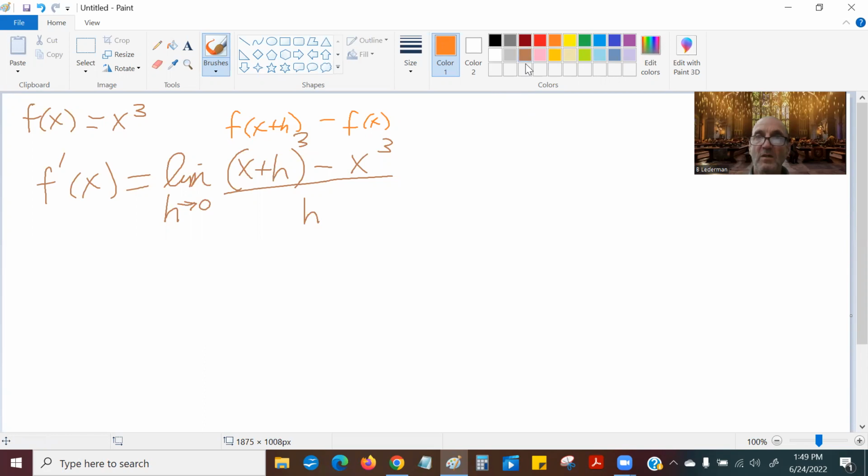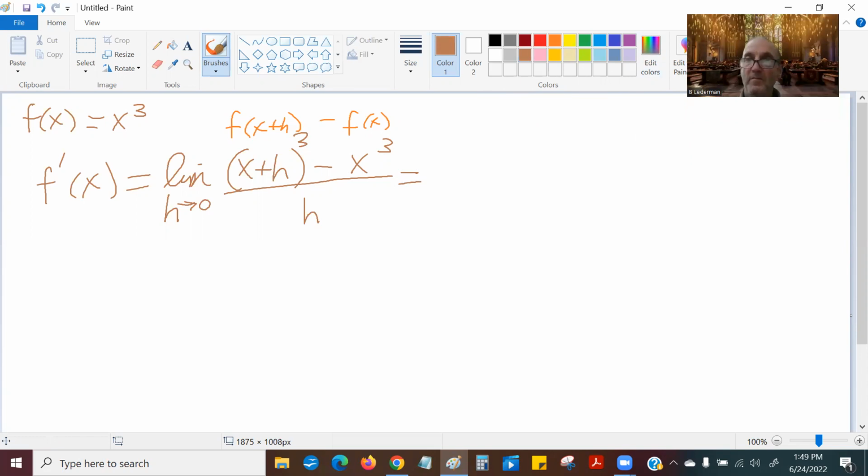Now this is equal to the limit as h goes to 0 of, I have to expand this out.